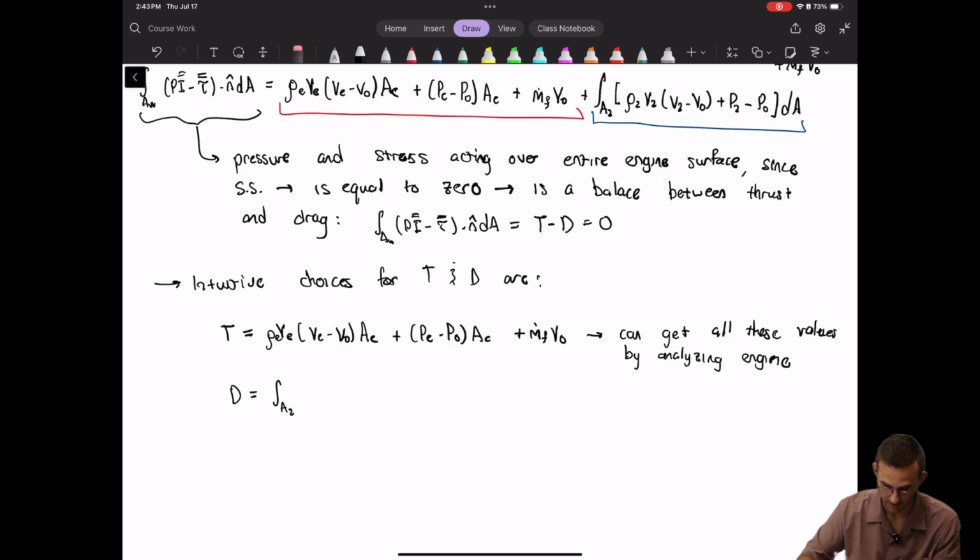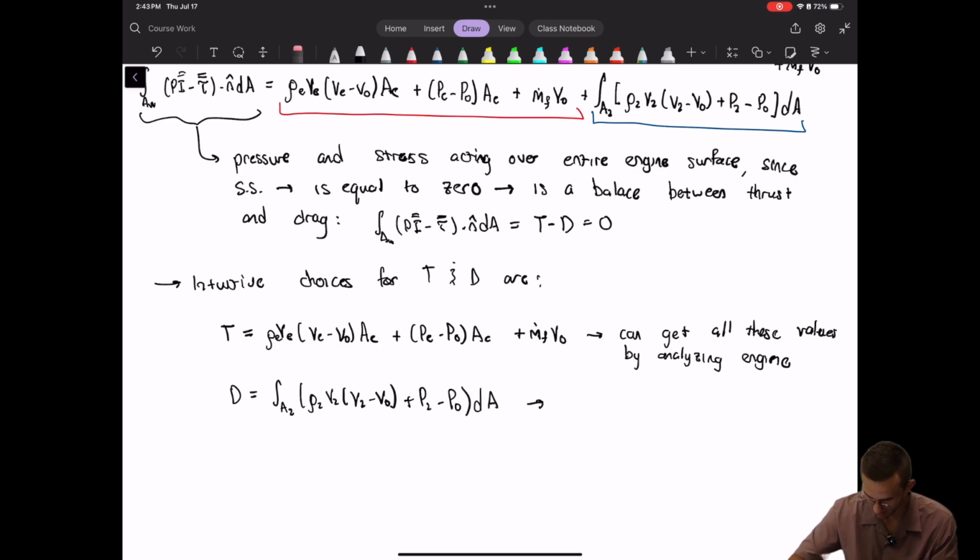It's just an integral over A2 of rho 2 v2 times v2 minus v naught, plus p2 minus p naught, that whole quantity dA. So all the flow-around-engine complexity lives in that term.